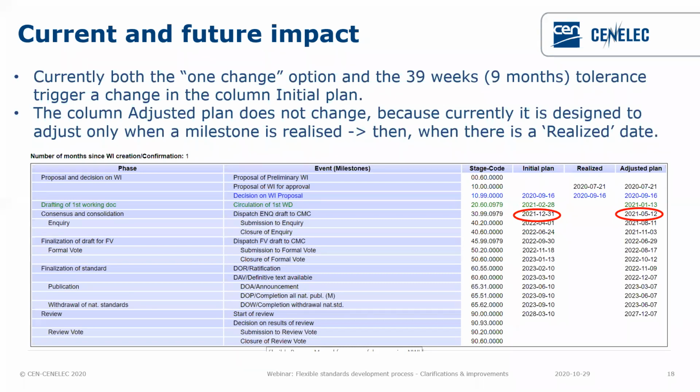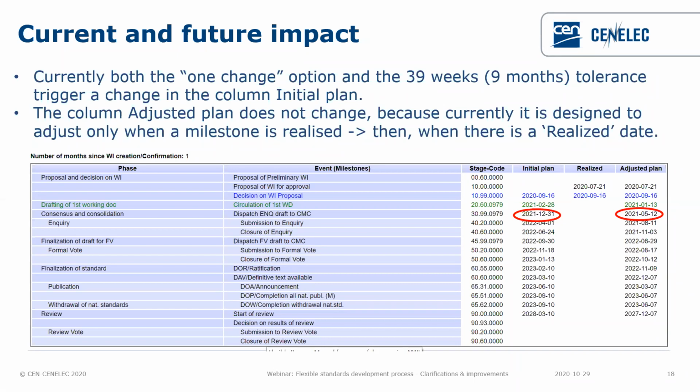The adjusted plan at the moment only adjusts when there is a realized date. So let's imagine that when we will have the dispatch of the inquiry draft, so 3099, when we will have a date under the column realized, so the central column, then the adjusted plan will be adjusted.